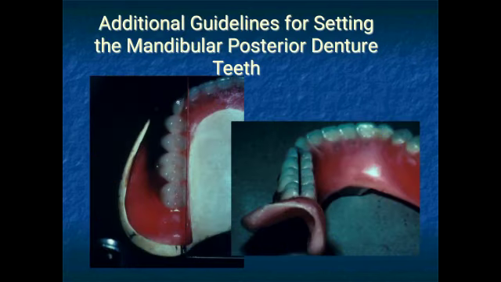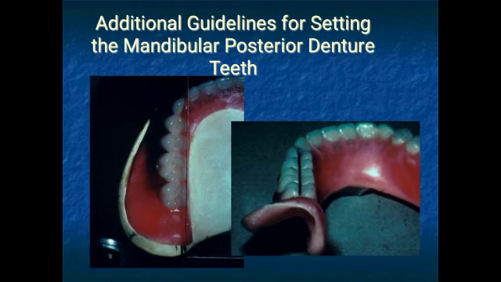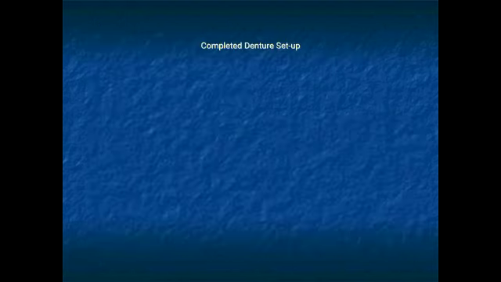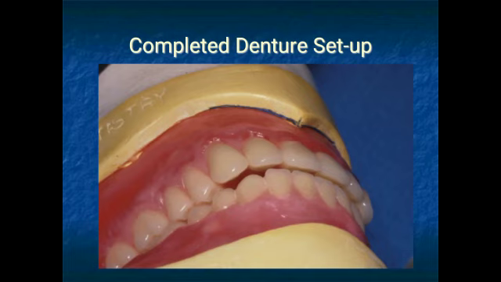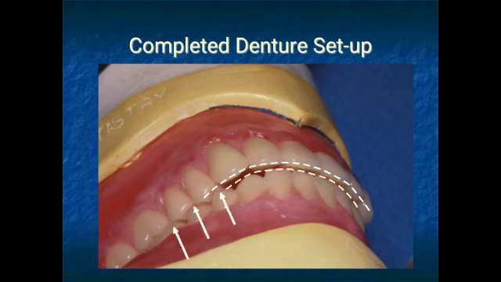Additional guidelines for setting the mandibular posterior denture teeth: teeth should rest on the crest, should be in a straight line. Completed the denture setup. After that, we have to check the midline, anterior overjet and overbite, maximum intercuspation. Thank you.